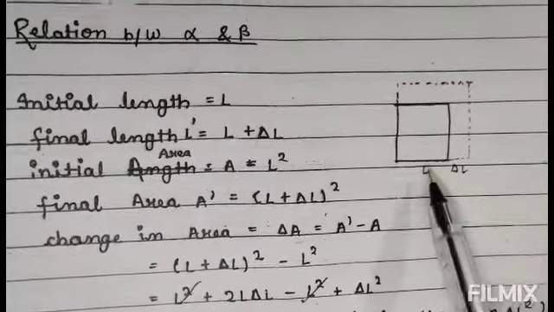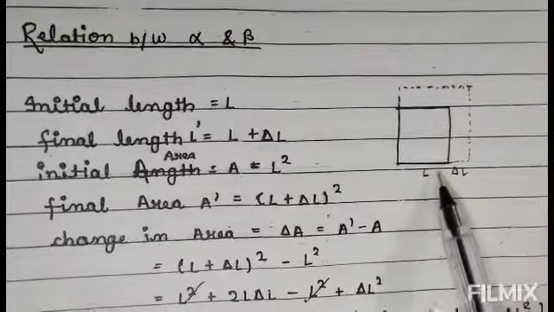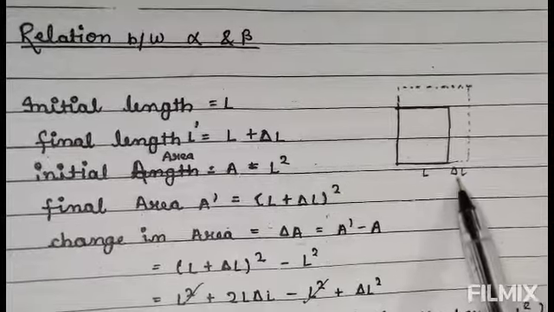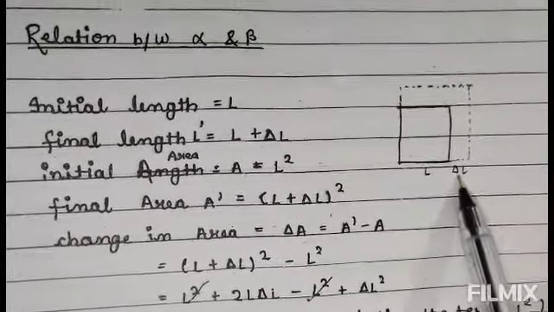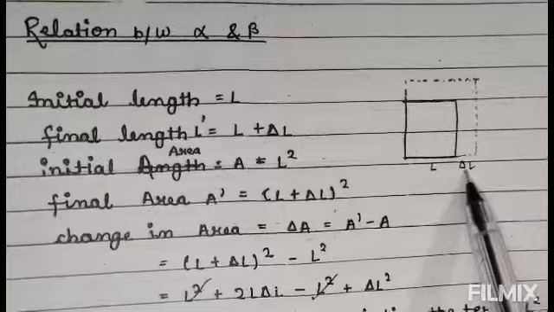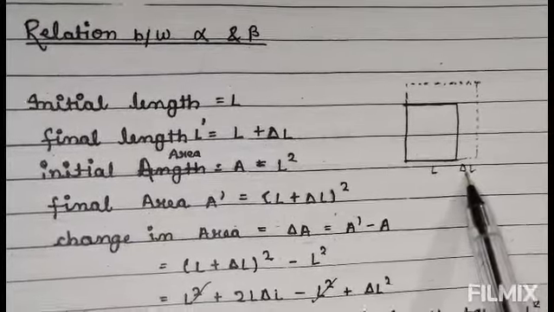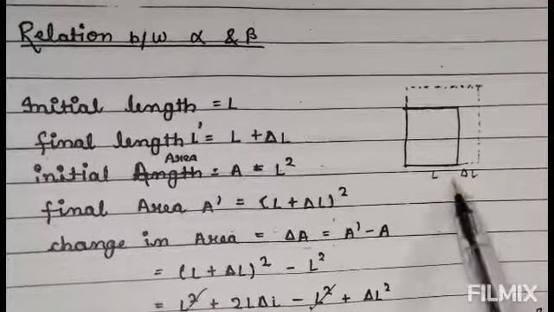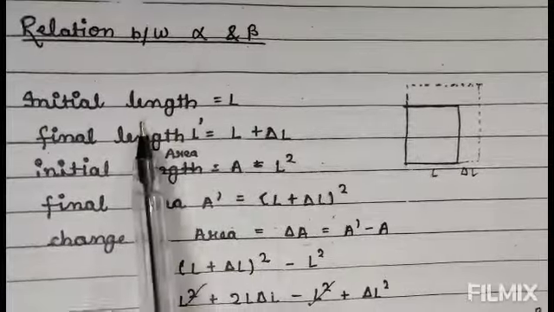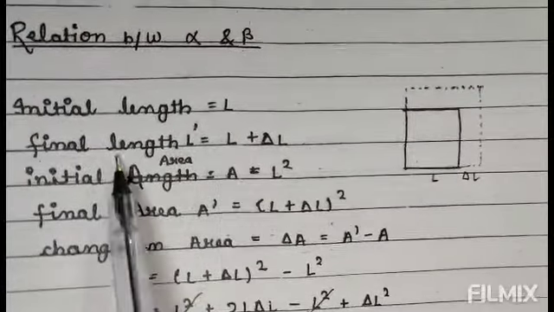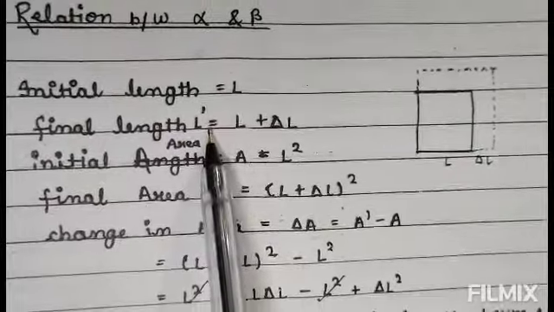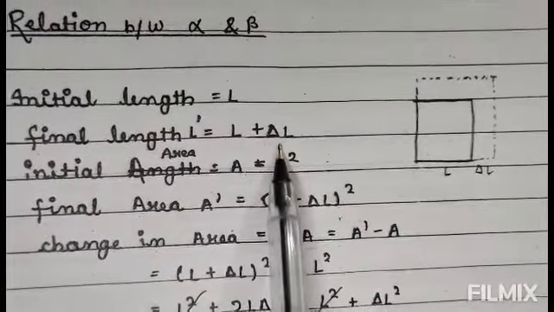When we give temperature to this sheet, the width will increase and the length will also increase by the same amount, that is del L. In such a situation the initial length is L, and the final length L dash is equal to L plus del L.